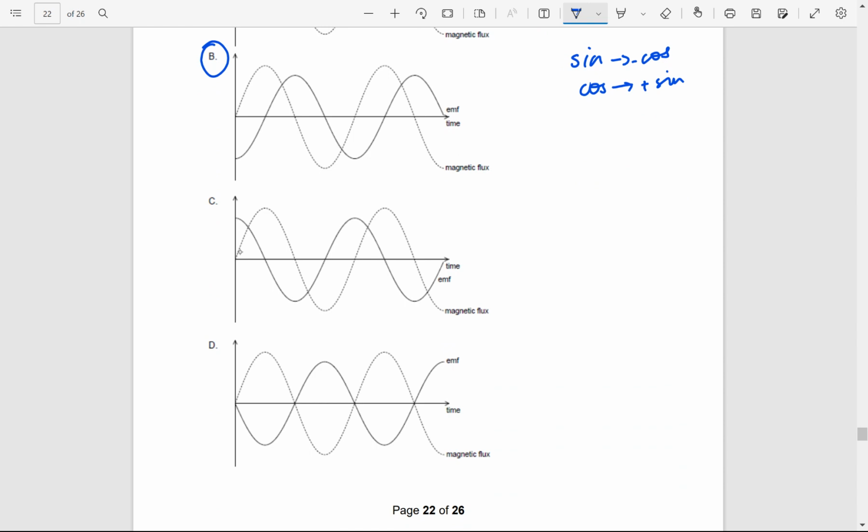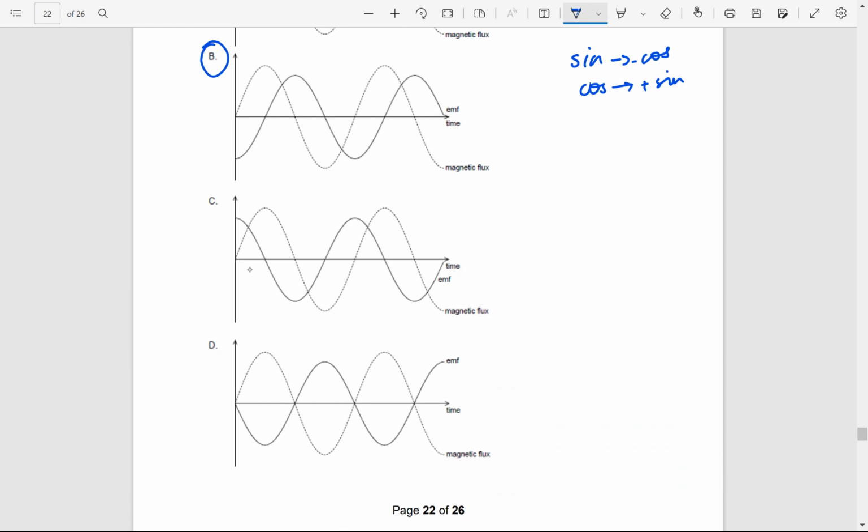This one is going from a cos to a sine. So, hang on, cos to a sine. Oh, no, it's not. Yeah, sorry.